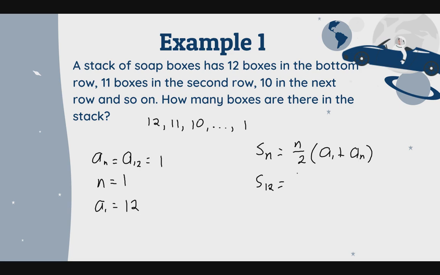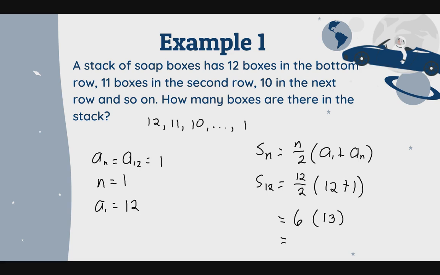Our n is 12, so we will write 12 over 2. Our first term is 12 and our last term is 1. So by dividing 12 over 2, we will get 6, and we will have 6 times 13 because 12 plus 1 is 13.